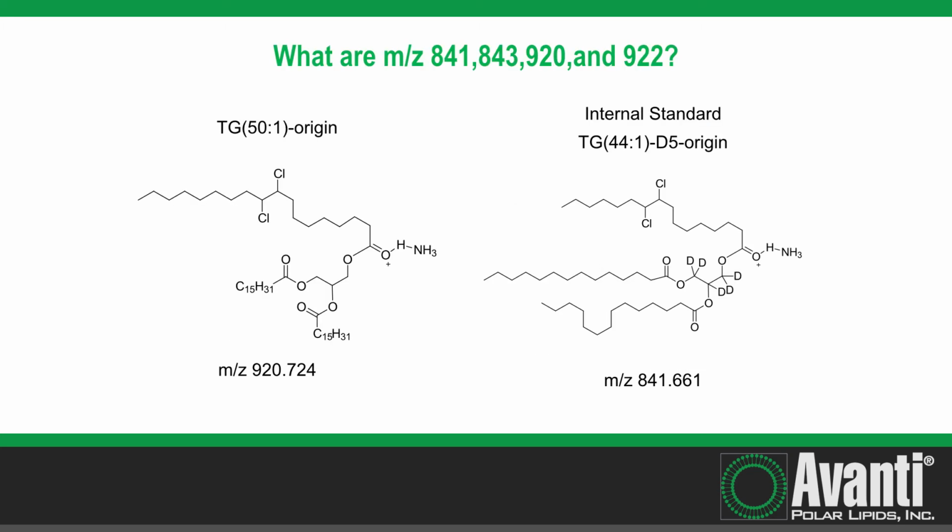So we did that, and what we found is that they're chlorinated adducts. In this case, the 50:1 triglyceride has 2 chlorine atoms on it. That's the 920. And then the 841 is the deuterated internal standard, 44:1. It's got 2 chlorines on it too. Whereas the other 2 ions are the chlorine-37 adducts, and there are 2 of them, so they're almost a 1-to-1 mixture.